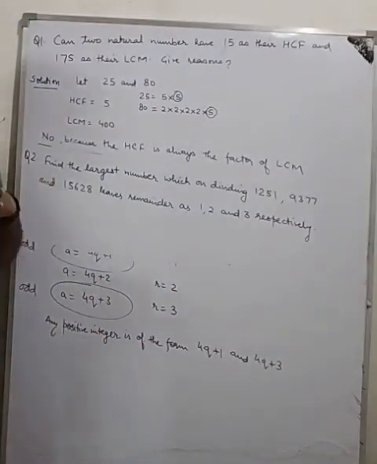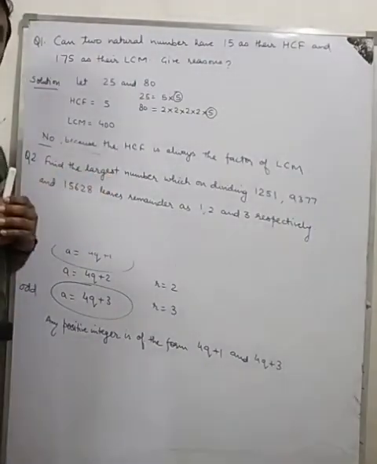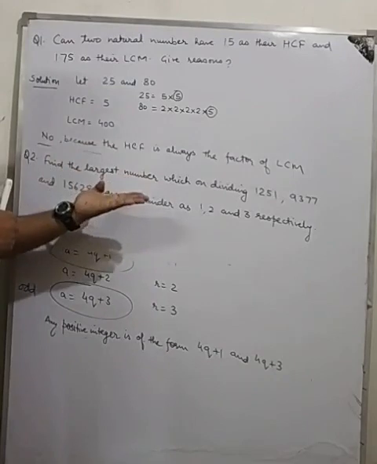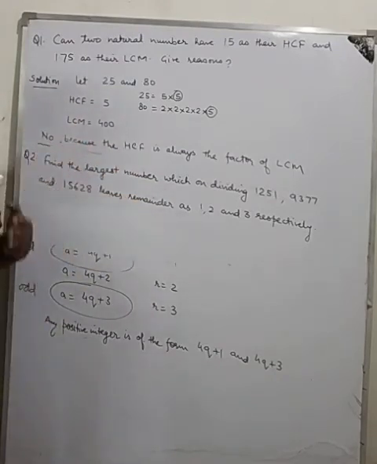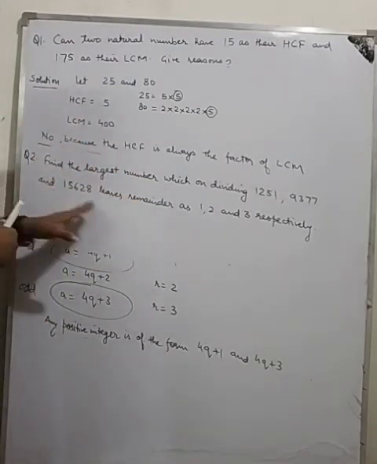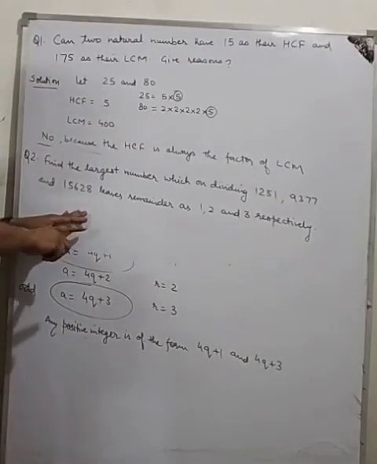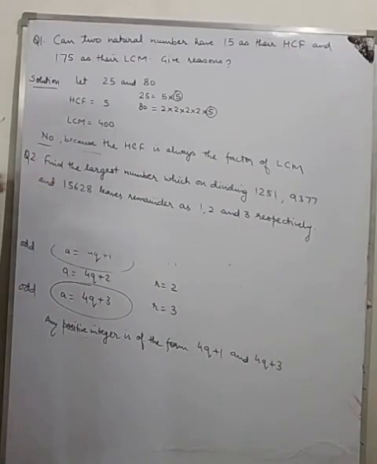Now such questions are not in your NCERT book, but if you go through R.S. Agarwal and R.D. Sharma, you will find such type of questions. And also this question was part of last year's board examination. So let's see how to solve this question.